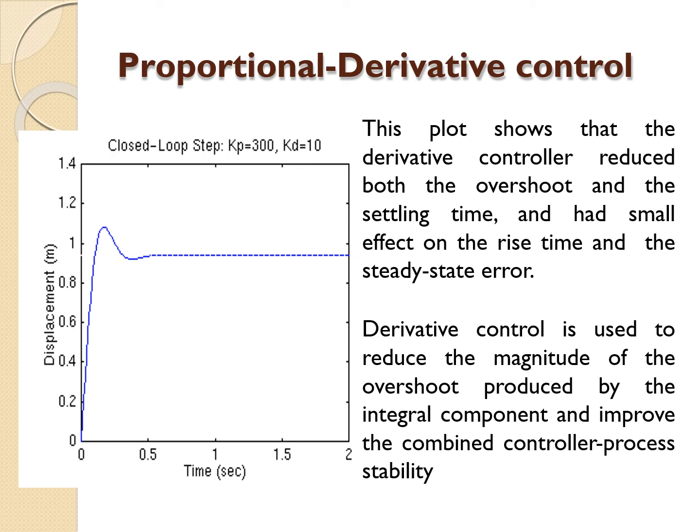Okay, now we move to proportional derivative control. So this plot shows that the derivative controller reduced both overshoot and the settling time and had a small effect on the rise time and the steady state error. We can see here, right, the rise time is from here to here.